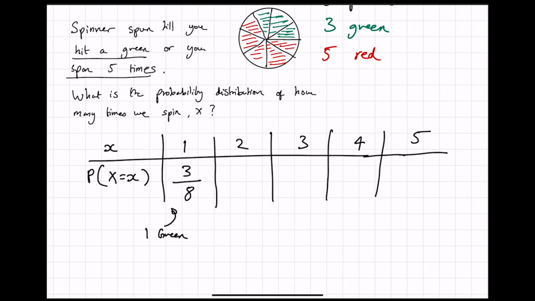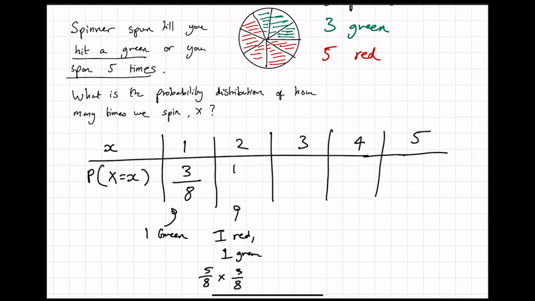Now what is the probability of us stopping after 2 attempts? That's if we had a red first, followed by a green, meaning that we stopped. A red has a 5 over 8 chance, times the chance of green, which is 3 over 8.